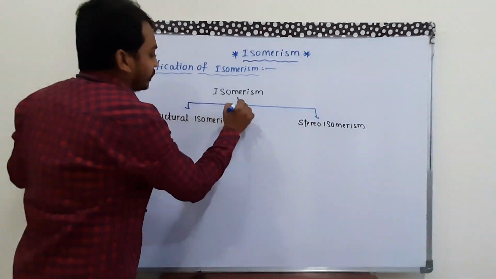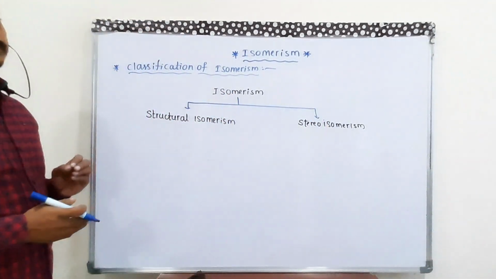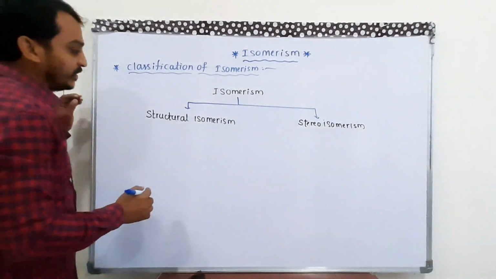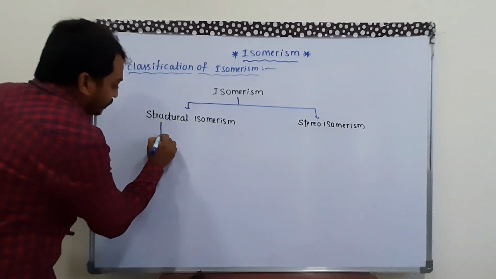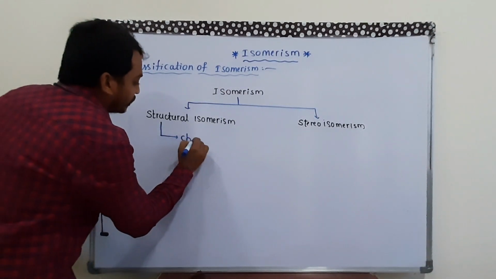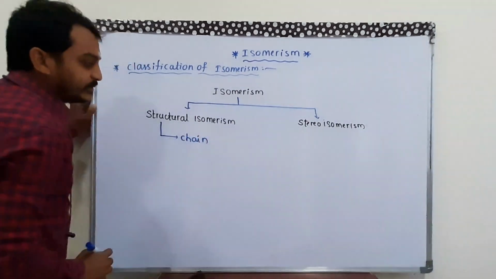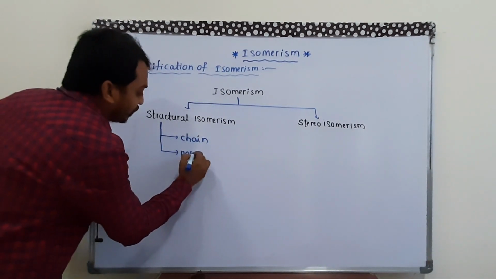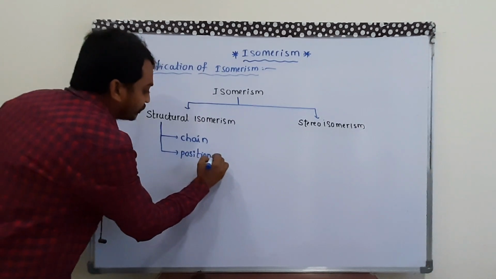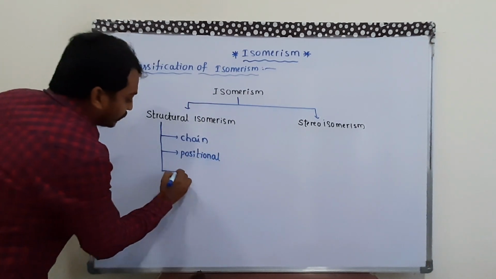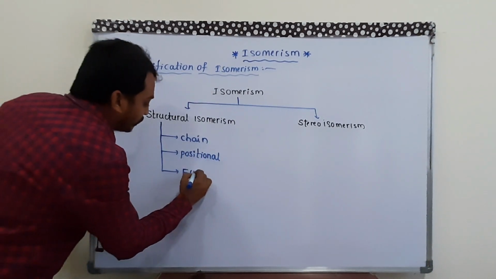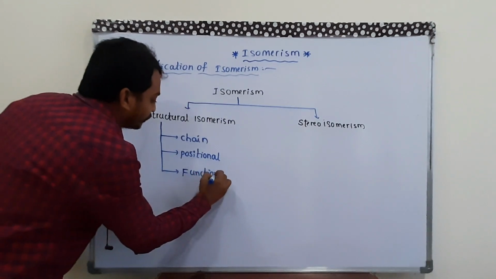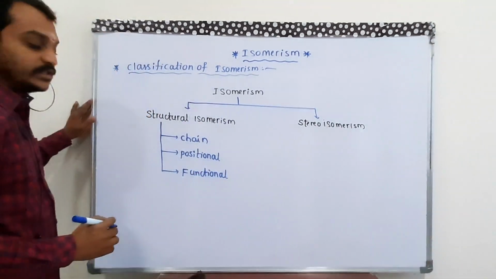Next, the structural isomerism is classified into 6 types. One is chain isomerism. Next, another one is positional isomerism. Third one is functional isomerism.